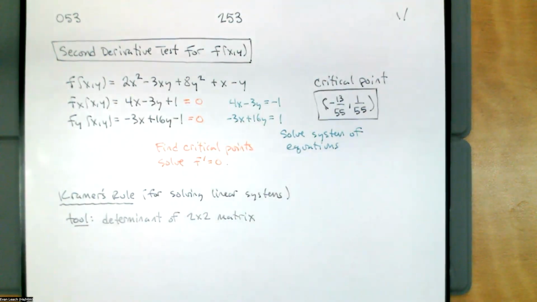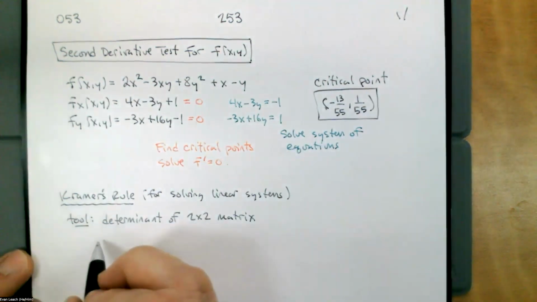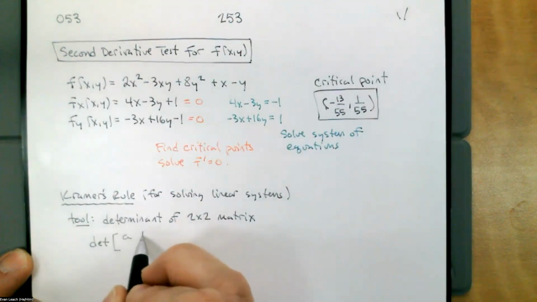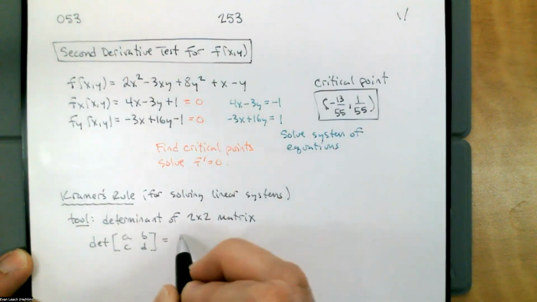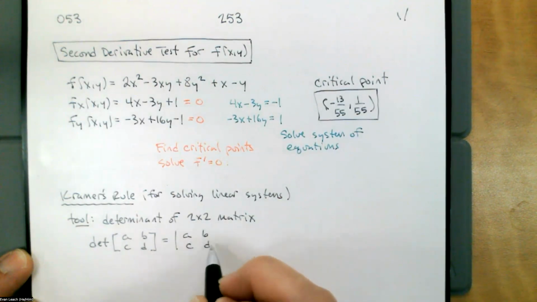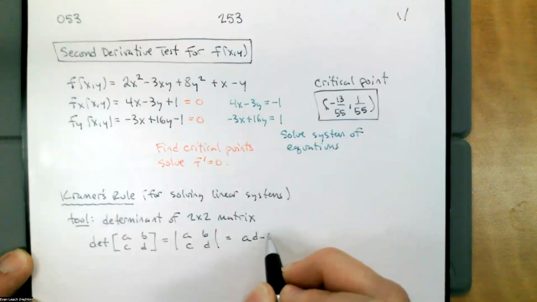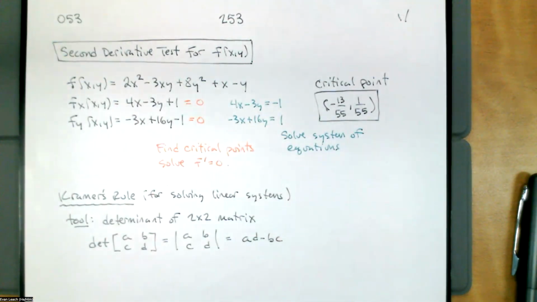One of the things that you're going to need for Cramer's rule is something that we're familiar with, a very little bit: the determinant of a 2x2 matrix. So the determinant of the matrix with rows A, B and C, D, sometimes noted just in absolute value signs, is AD minus BC. That's called the determinant of the matrix.